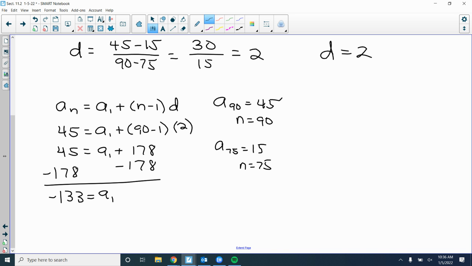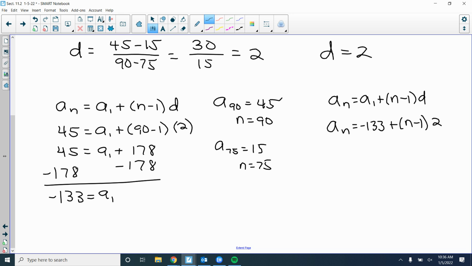Now I'm going to go back and do it just like I did on the other one. I have a sub n equals the first term plus n minus 1 times d, and I'm going to solve for a sub n. My first term is negative 133 plus n minus 1 times 2, and then I'm going to simplify that, and that'll be my final answer.